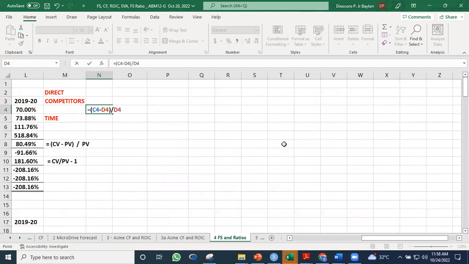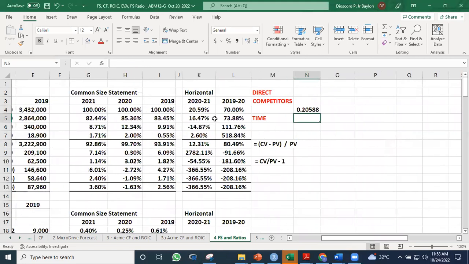Okay. Mas mahirap siya i-manage, no? But you get the same answer, 20.58%. Okay, any other questions about the formula?